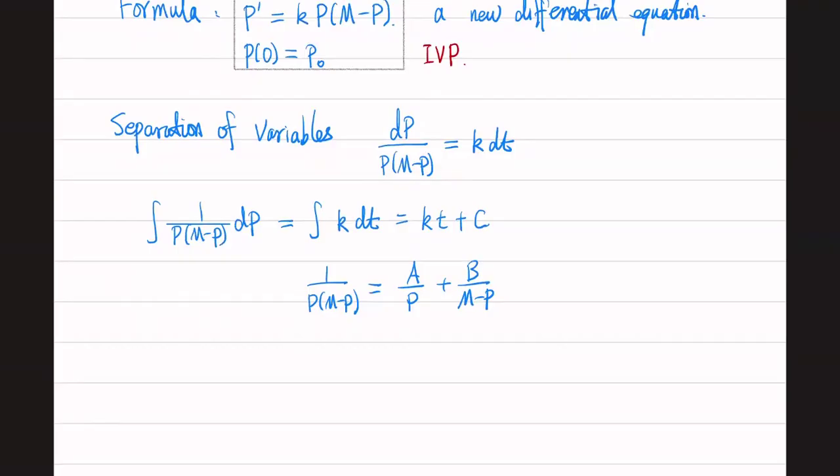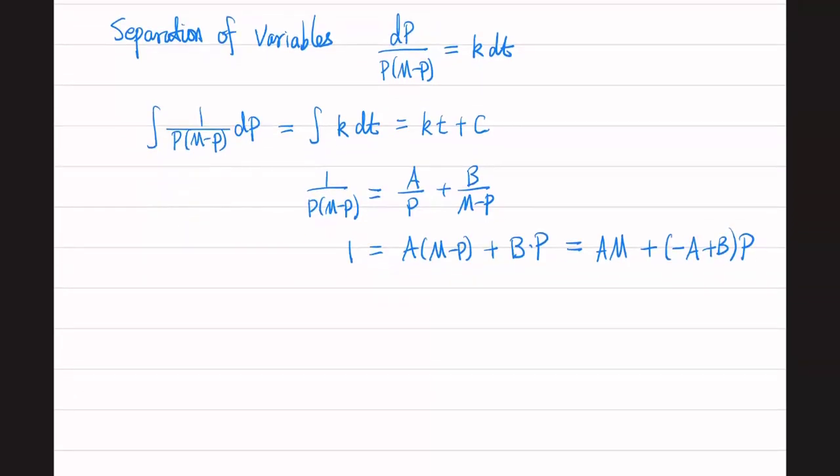We create an equation. Get rid of the denominator. It will be A(M minus P) plus B P. This is AM minus A plus B P. So now this side is a function of P. On the other side, what's the coefficient of P, Sophia?